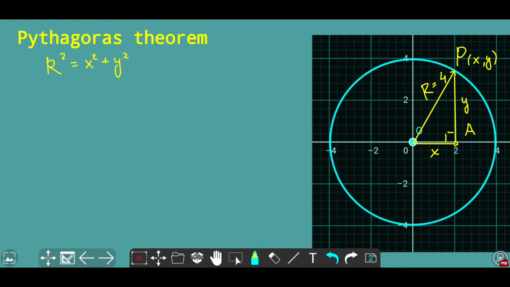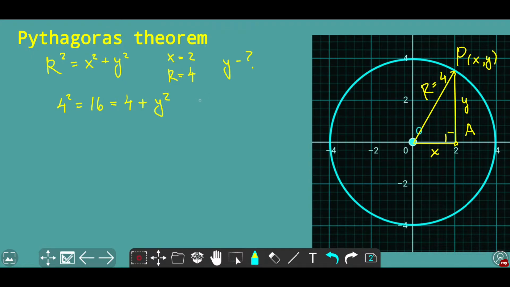We can even check this. For example, here we clearly know that the x coordinate is 2. So let's check: x is 2, the radius is 4, and we can find the y coordinate in order to reach point P. So r squared is 4 squared, which is 16, and that should be equal to x squared, which is 4, plus y squared.